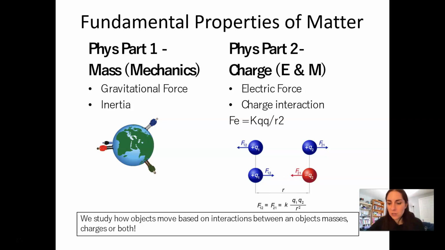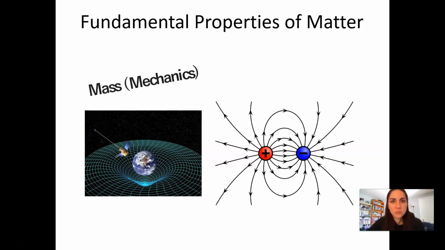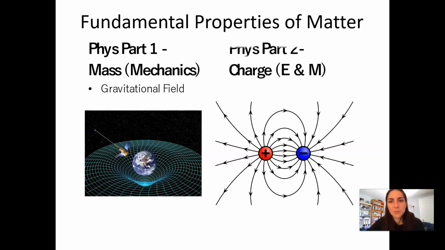Charge is actually pretty amazing. And you notice I didn't really specify, but this is one of the fundamental properties of matter. In other words, when the universe was created, it made matter, and the matter came with some properties. There are actually three, but we won't worry about spin. For example, its mass, how much stuff it's made out of.